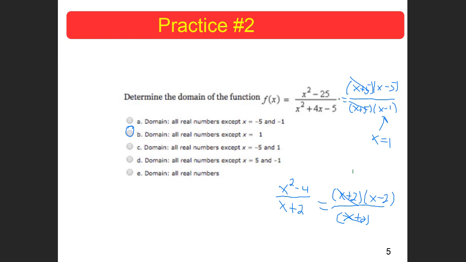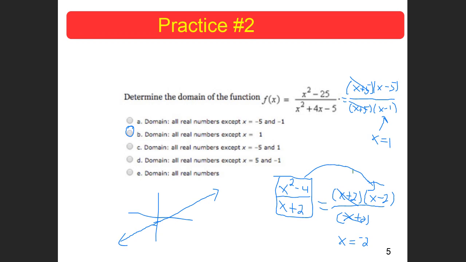The only problem is at x equals -2, I know there's going to be a hole. So this graph right here is exactly the same thing as y equals x minus 2, which is pretty easy to graph. Go down to -2, my slope is 1. So my graph would look something like this. The only difference is at x equals -2, which probably is right here, there's a hole in the graph.